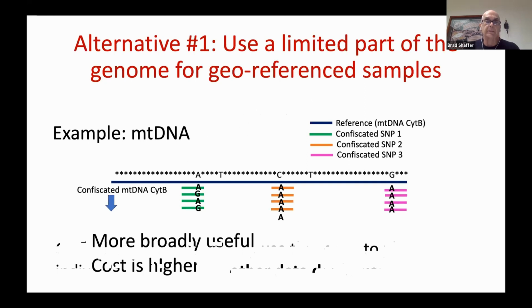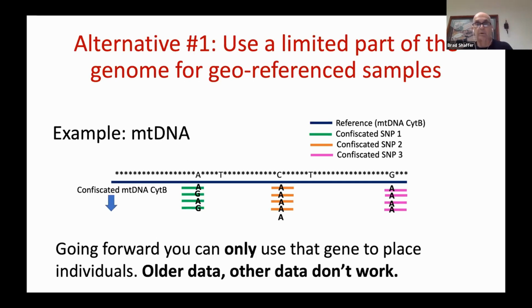So let's think about this a little bit more. For the first alternative, which is using a limited part of the genome for those georeference samples, for those reference animals, here's an example using mitochondrial DNA, which is essentially what DNA barcoders do. You might think about the reference animal as this solid black line going down the middle of this plot.